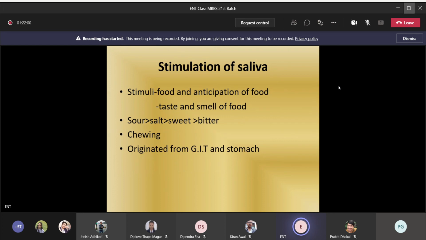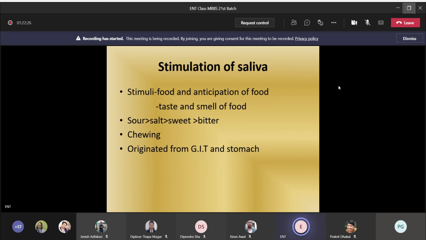So, stimulation of saliva: stimulated by food and anticipation of the food. If you see the food or it is being cooked, or a nice smell comes, that taste and smell of the food causes stimulation of the saliva, and the secretion is more for sour, then salt, sweet, and bitter, right?